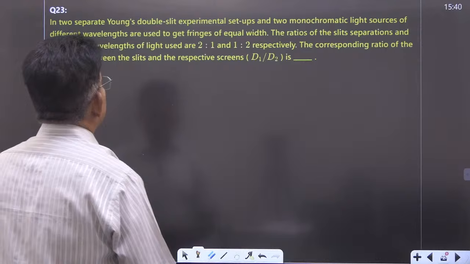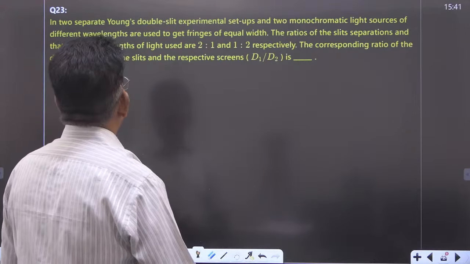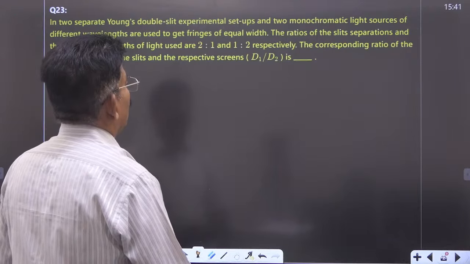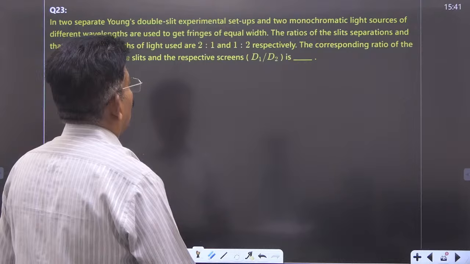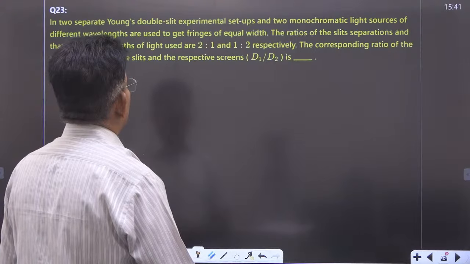Two separate Young's double slit experiments are set up. Two monochromatic light sources of different wavelength are used to get fringes of equal width. The ratio of slit separations is 2:1, and the ratio of the wavelengths of the light used is 1:2.